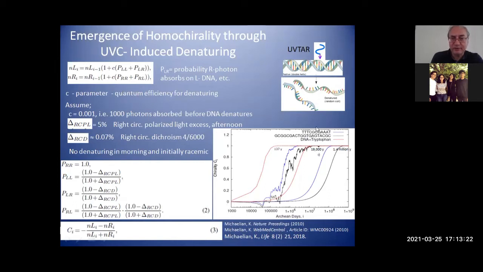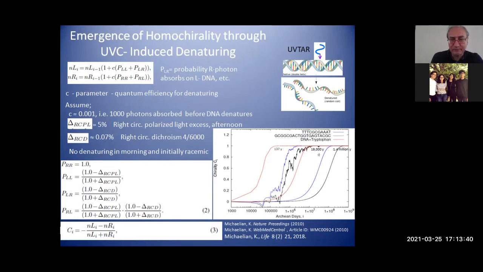Okay, and so if we do that for the different strands, then we can find, depending on the size of the strand, the shorter the strand, the more quickly we get 100% right-handed DNA.